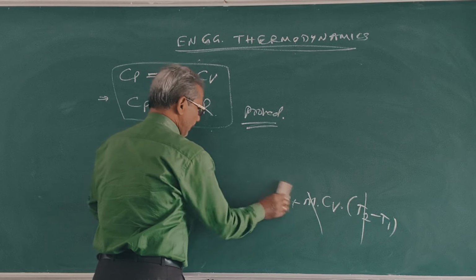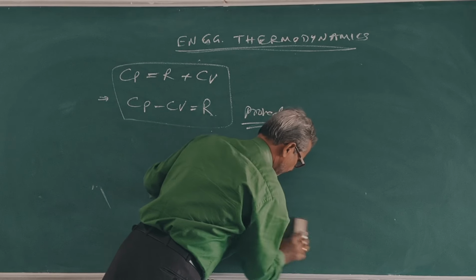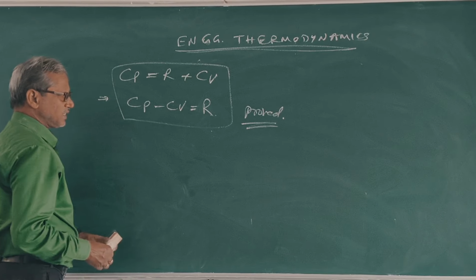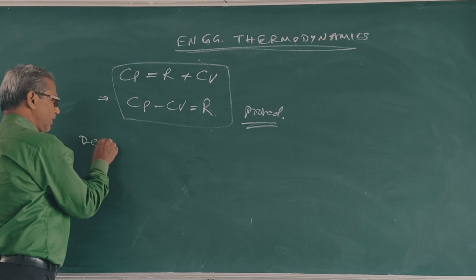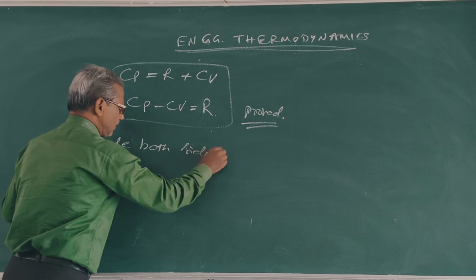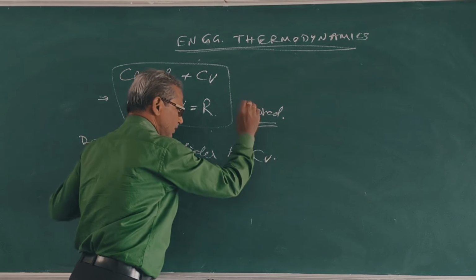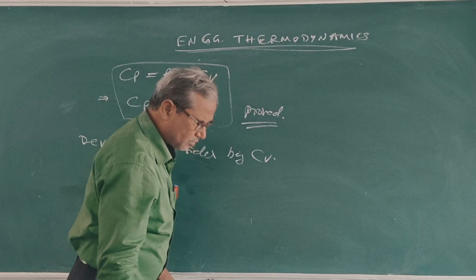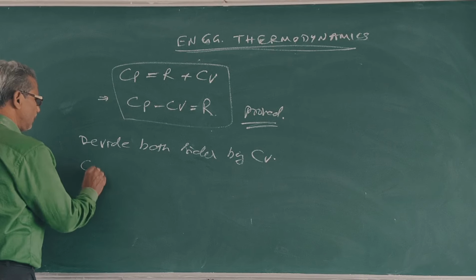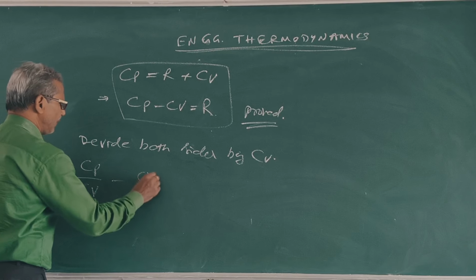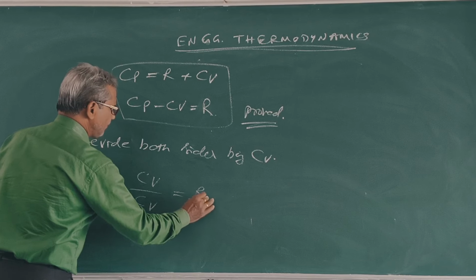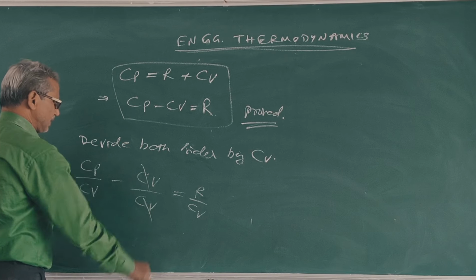Now, I can derive another formula from this equation. Divide both sides by Cv. So, Cp by Cv minus Cv by Cv is equal to R by Cv. Cv cancels.